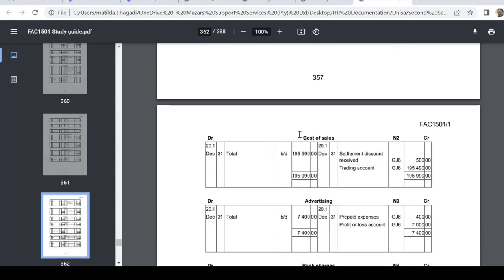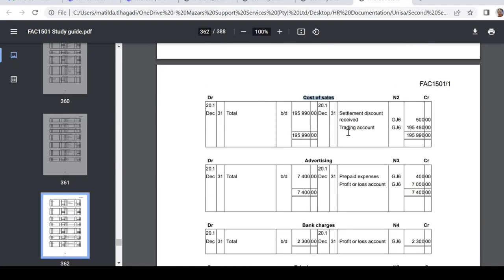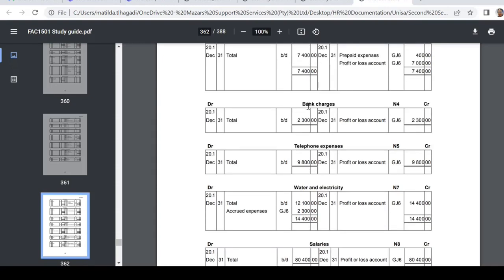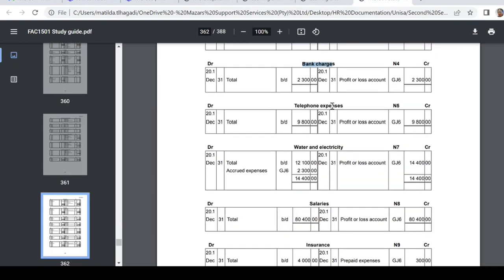And then what is the balance on the cost of sales account? It's also zero. Yes, well done. Getting somewhere today. And what is the balance of the advertising account? It's zero also. And the bank charges?